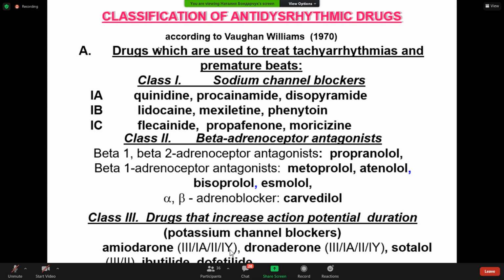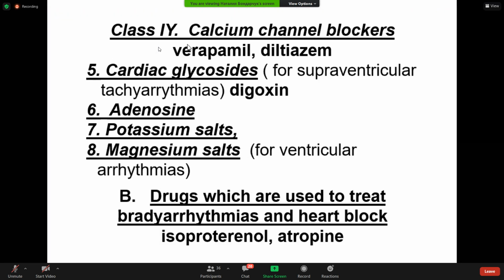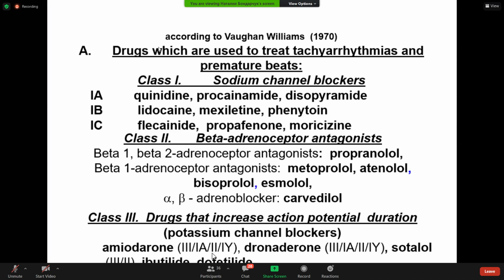It means that this drug inhibits calcium channels, and thus it belongs to the fourth group of antiarrhythmic drugs, calcium channel blockers. So amiodarone belongs to the drugs with a mixed mechanism of antiarrhythmic action.